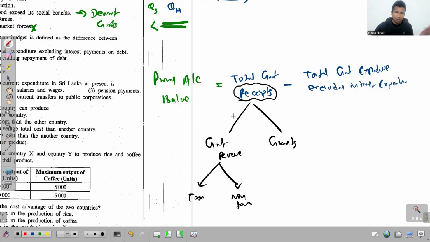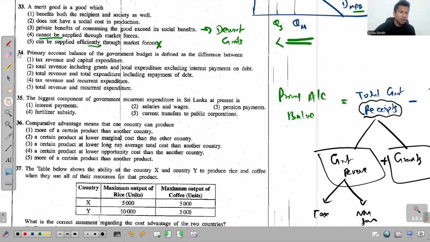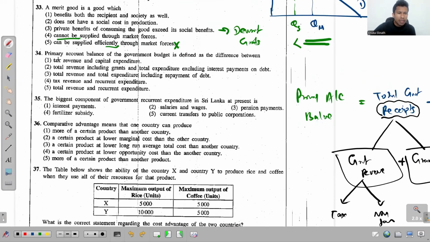So these are the main two components inside receipts, the government revenue and the grants. So if you take the total of government revenue and grants, and if you deduct the total government expenditure excluding interest expenditure from that total, you get the primary account balance, right? So what's the answer then? The answer is very easy.